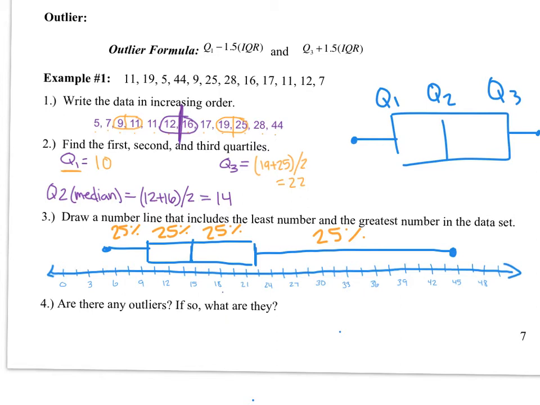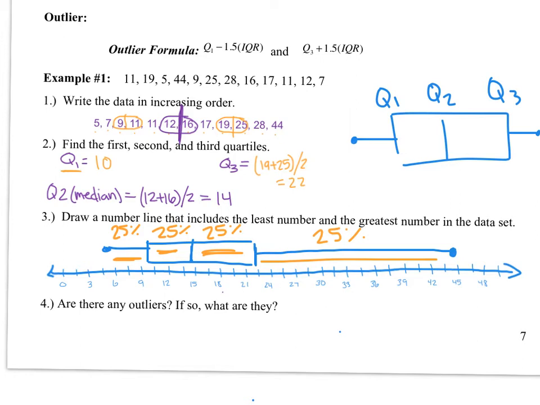So that means that 3 students scored between 5 and 10 shots, or in between 10 and 14, or in between 14 and 22, or 3 of them scored between 22 and 44. So each one of those sections is 25% of the population or of your data.